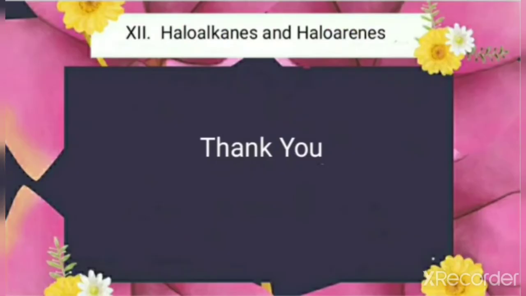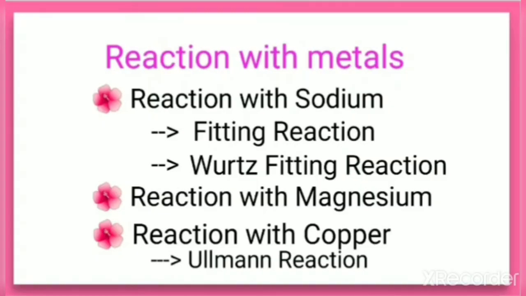So thus we discussed in this video the reactions of haloarenes with metals, in which we discussed the reaction with sodium metal, with two name reactions, Fittig and Wurtz-Fittig, and we also compared these equations with the Wurtz reaction.